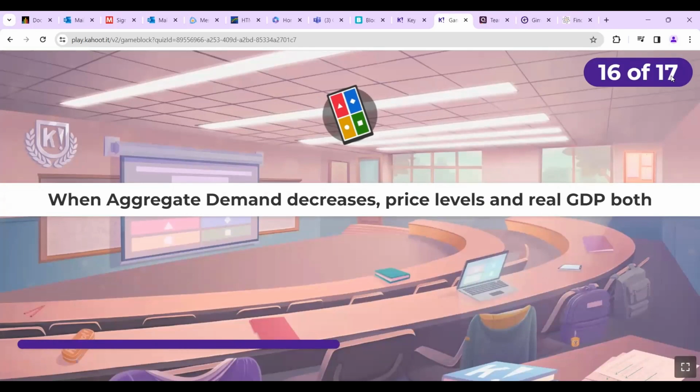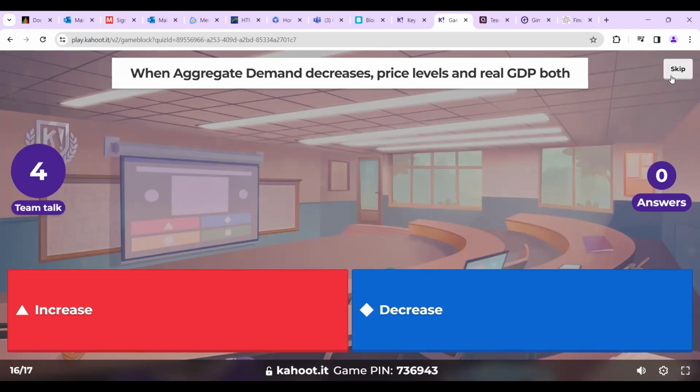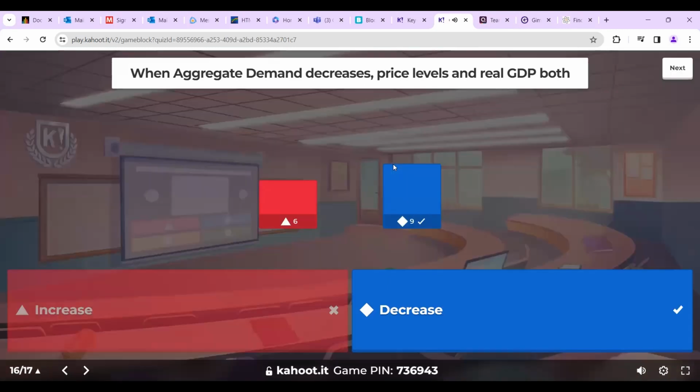When aggregate demand decreases, price level and real GDP both what? So decrease.